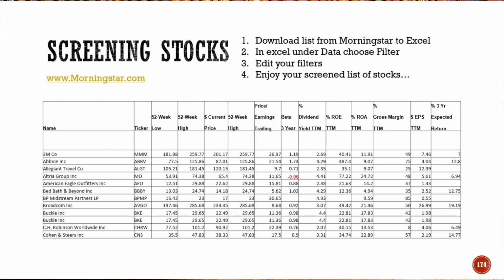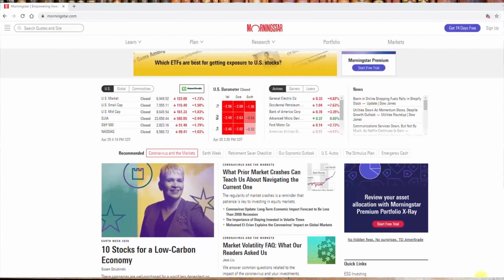You can open an account for free without giving up your credit card information on Morningstar.com. Morningstar.com has lots of good information and great research for you. You have the learning part, the planning, research, portfolio, and markets.